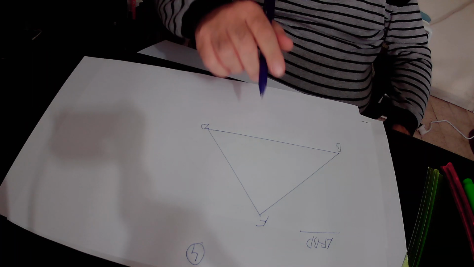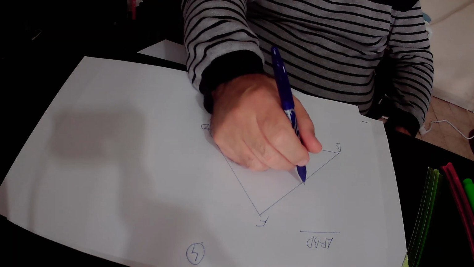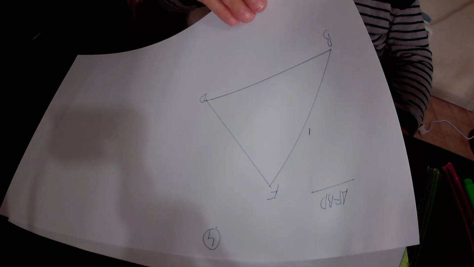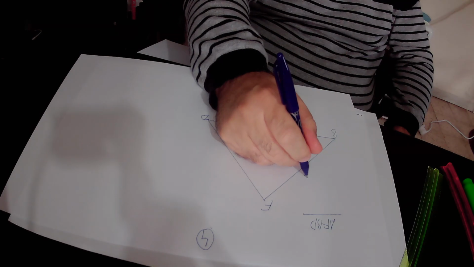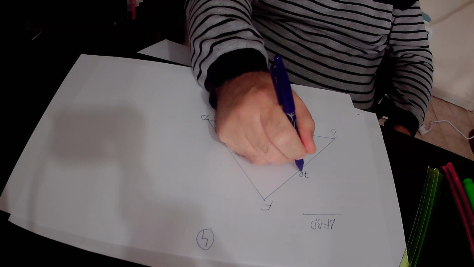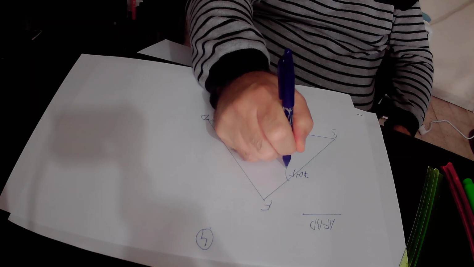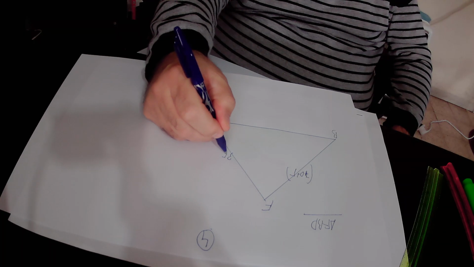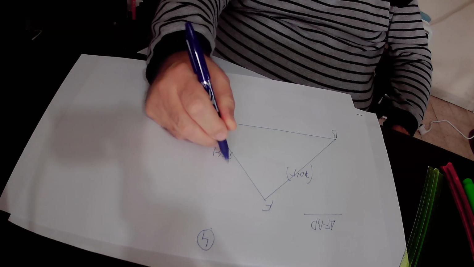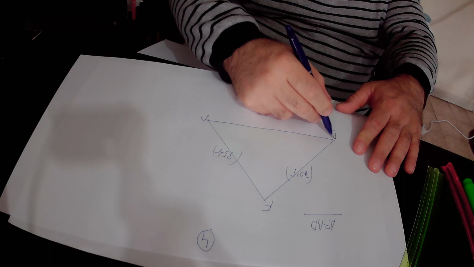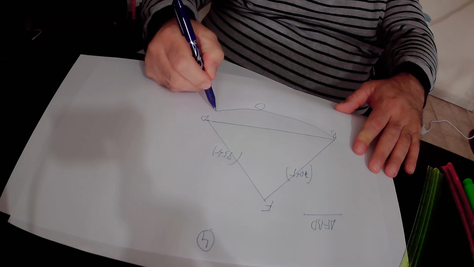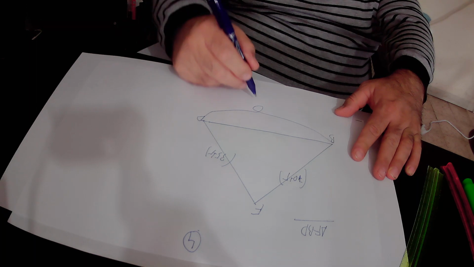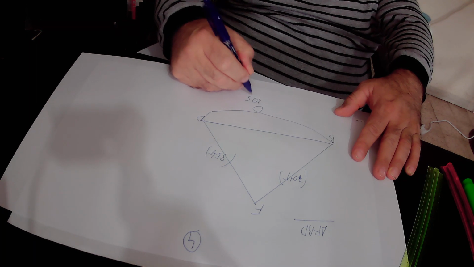We have already found out that side FB equals 70 plus R units in its length. Side FD equals 35 plus R units in its length. And finally, side BD equals 105 units in its length.